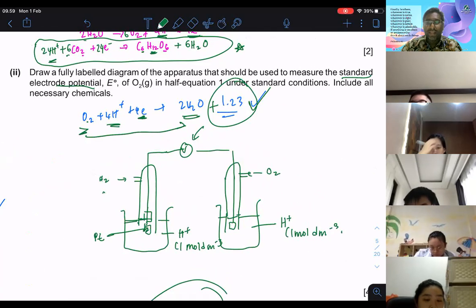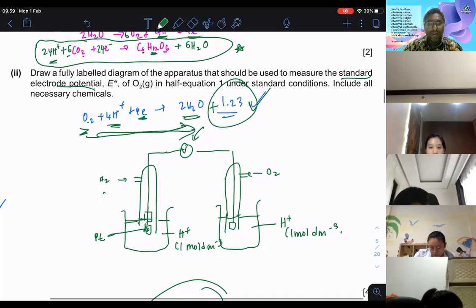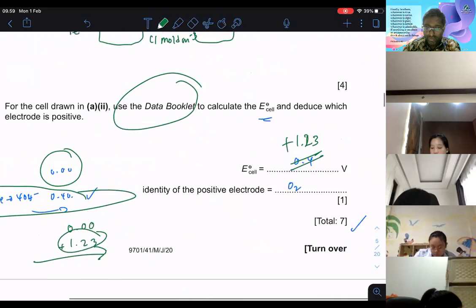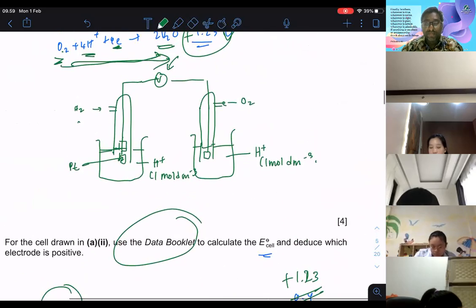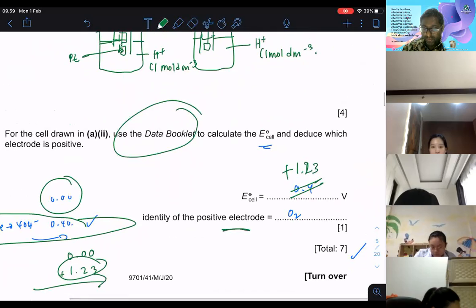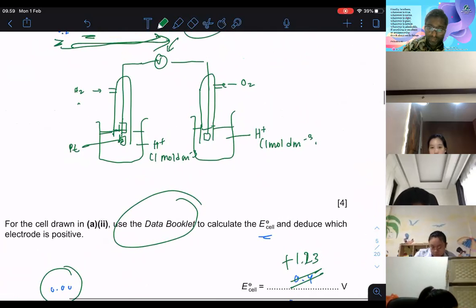If it is releasing electrons, then it's going to be the negative terminal. In this case, this is accepting the electrons, so if you are using up the electrons, it is automatically a positive terminal. So O2 is automatically the positive terminal. Please take note of this.